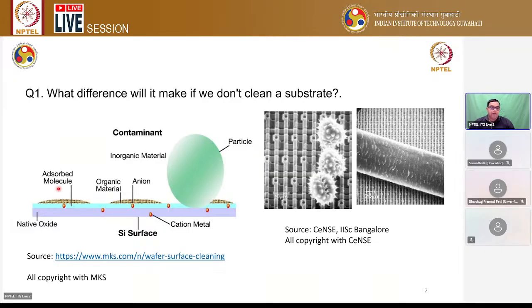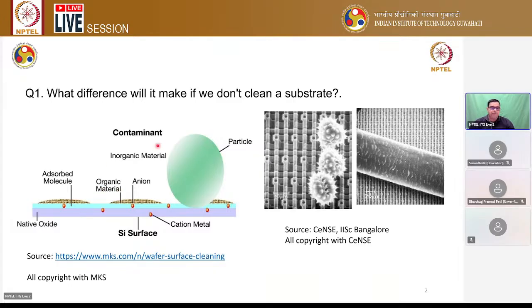Then the other kind of impurity available on a wafer is in the form of certain organic materials like some paints, some dye, or some oil. These kinds of materials are available because of handling and other issues.